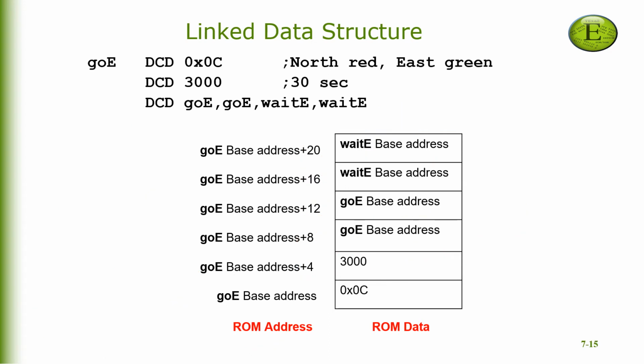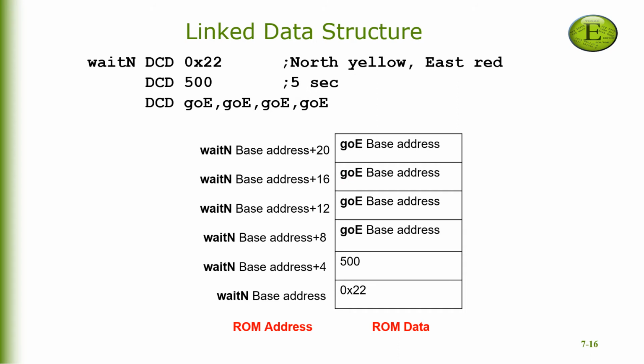The GoE array is stored in the ROM in the same way. Index 0 contains the output, index 1 contains the wait time number, and the last 4 indices correspond to the base addresses of the states GoE and wait E.